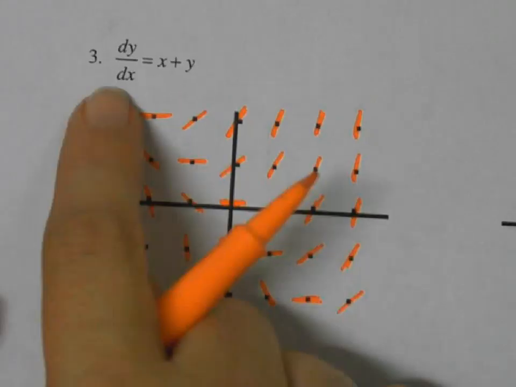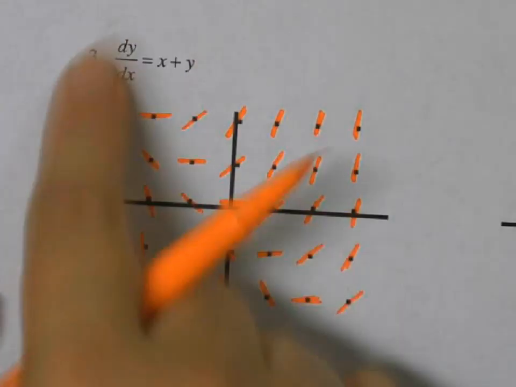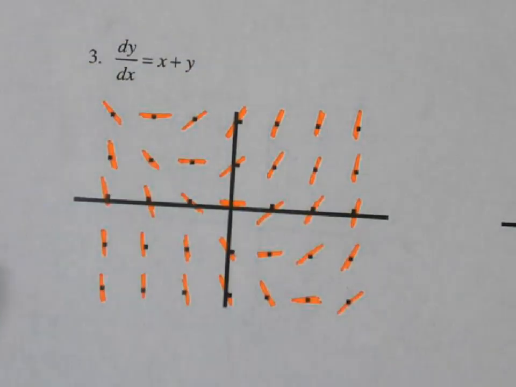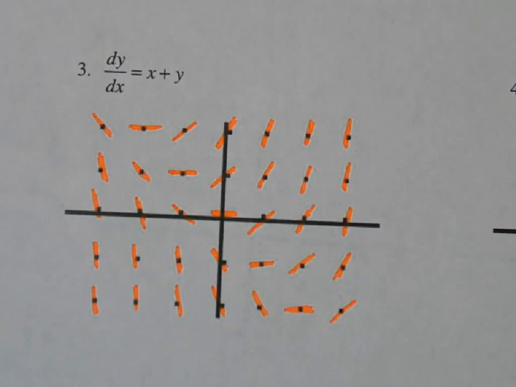It's basically like a parabola where the left half goes down instead of up. 1 over x squared does something like this. Sine x makes a snake. Cosine x makes cups. The natural log of x, I think, is like that. So it's asking you to match the shape that you see in the slope field.